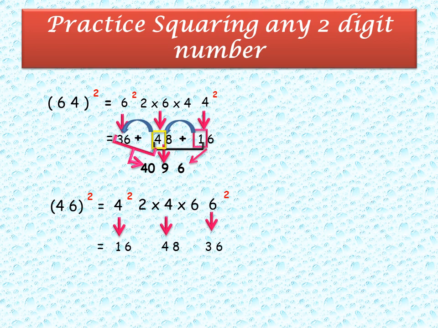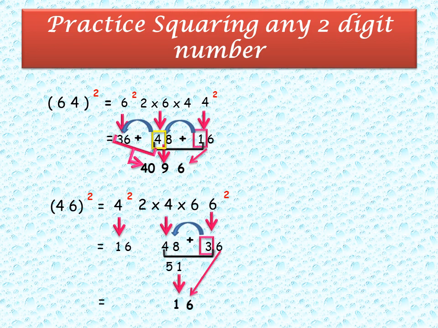Write down below. And now here, as we have to do it from right to left, we'll write the units place 6 first, and then 3 in this should be carried forward to 48. So we have to add 3 plus 48, that is 51.